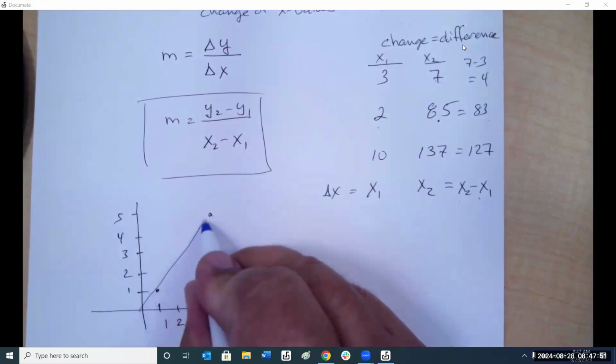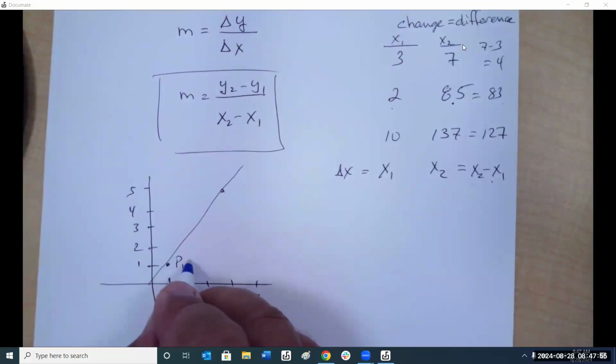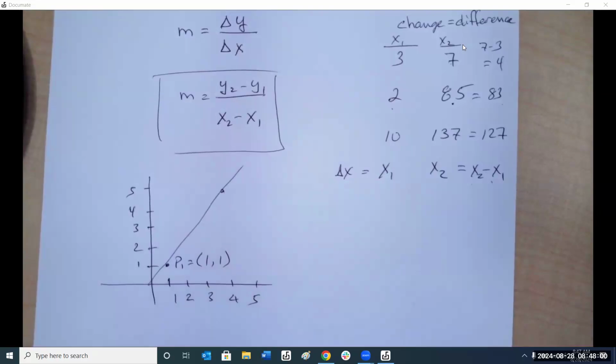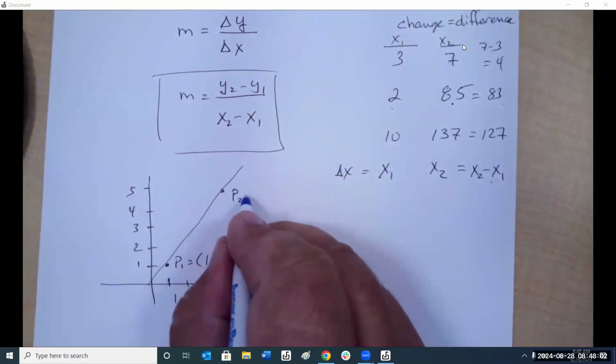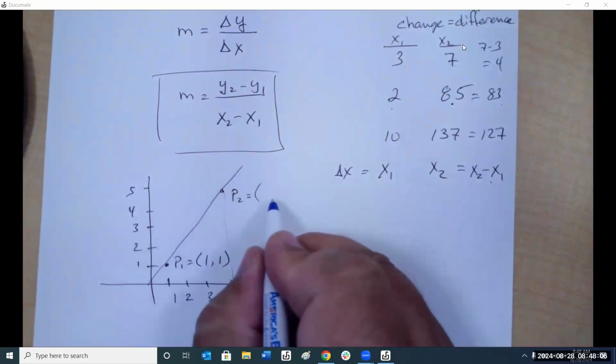So this is the graph we had in the last page. What's the location of point 1? 1, 1. Location of point 2, it's 4, 5, yes.